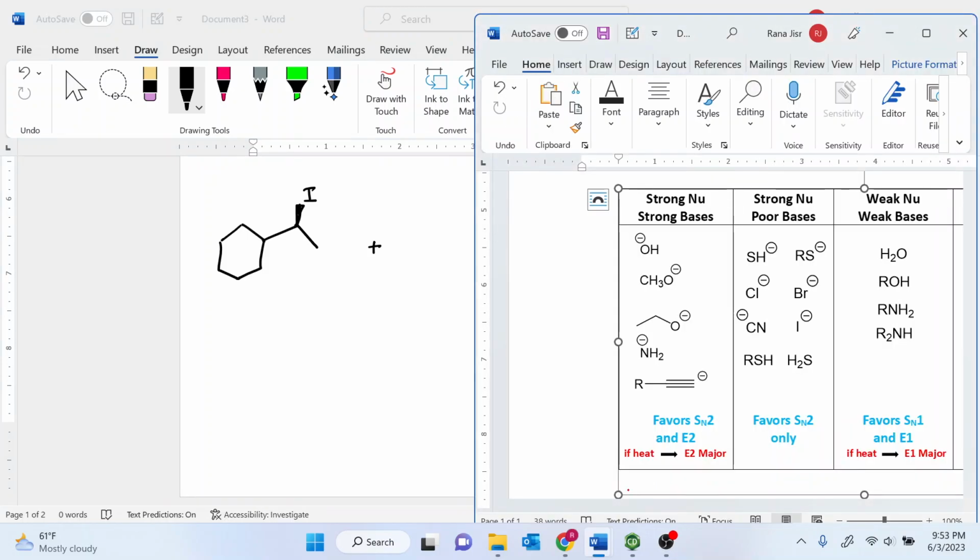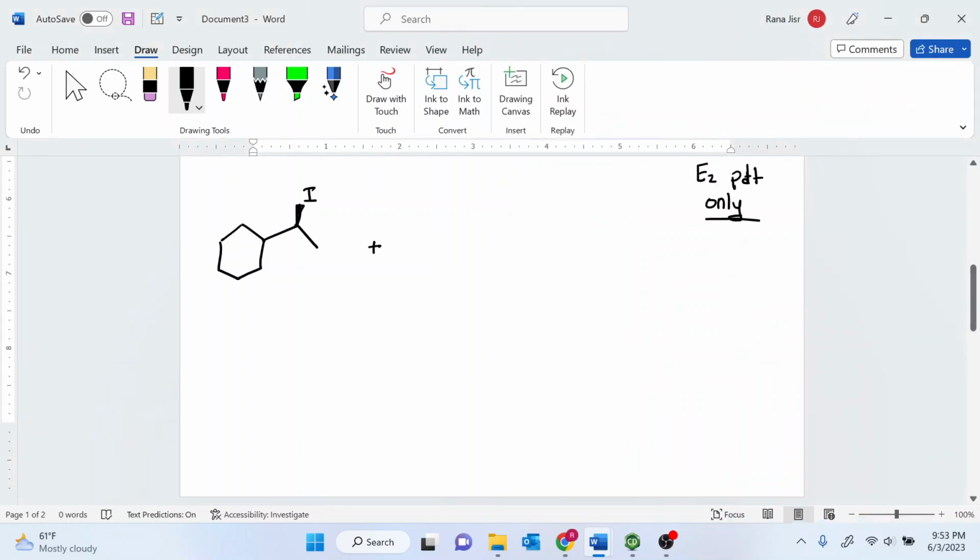If I'm reacting this with a methoxide group, okay, so I'm having a methoxide group. Methoxide is a strong nucleophile and a strong base. So methoxide is going to proceed by both SN2 and E2 mechanisms. E2 is going to be the major product if there is heat involved.